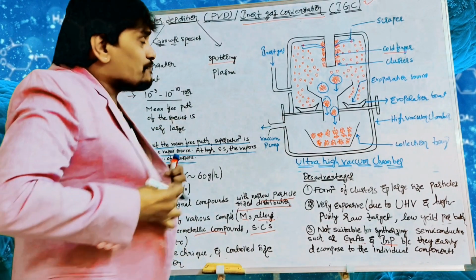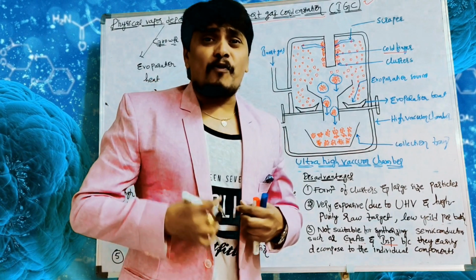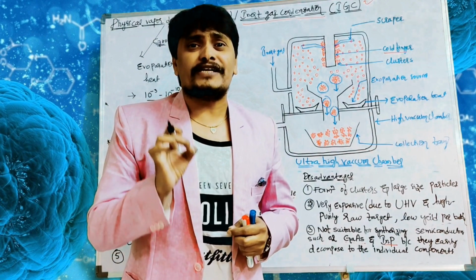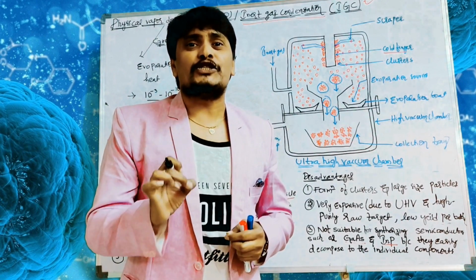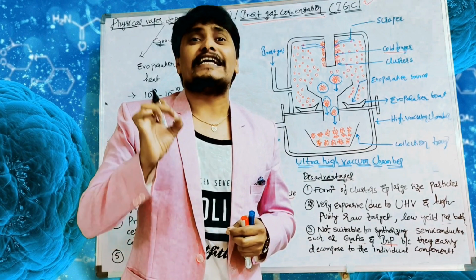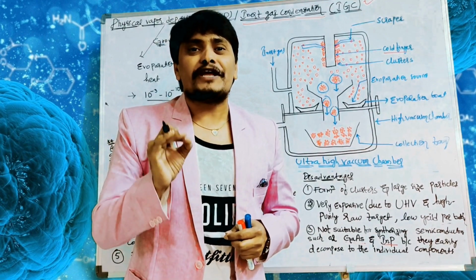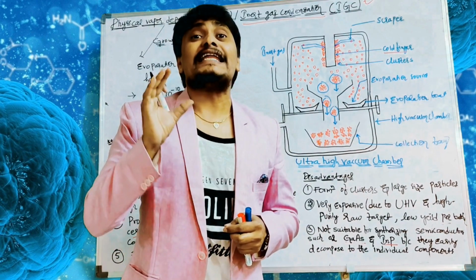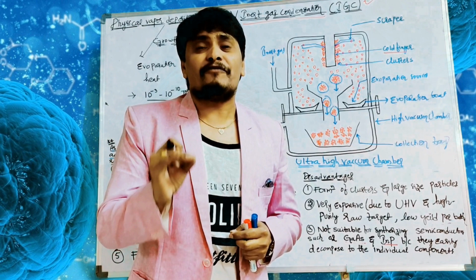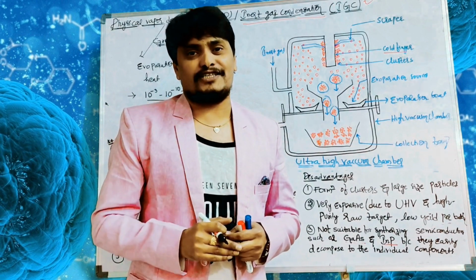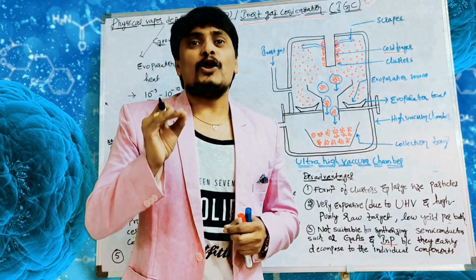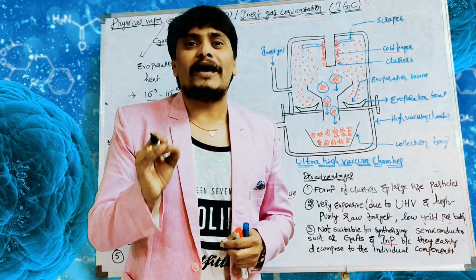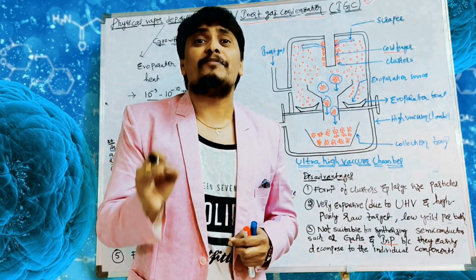As evaporation, one group of the physical vapor deposition method, utilizes the lowest pressure, the mean free path of the species is very large. Since the mean free path is very large, we get low quality nanoparticles using this evaporation method.